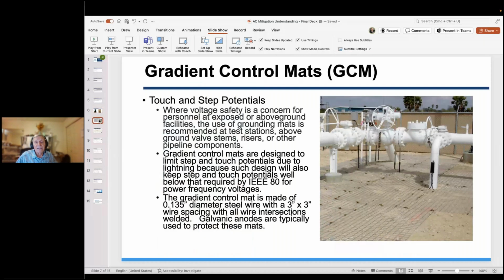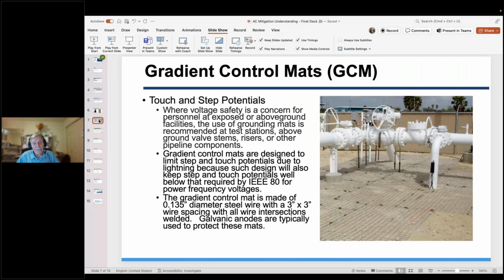Okay, one of the other things we talk about is gradient control mats, and we're concerned about the touch and step potentials. This is the big thing that we're dealing with. However, most programs are not designed for this type of arrangement because this is very specific to locations like a valve station.